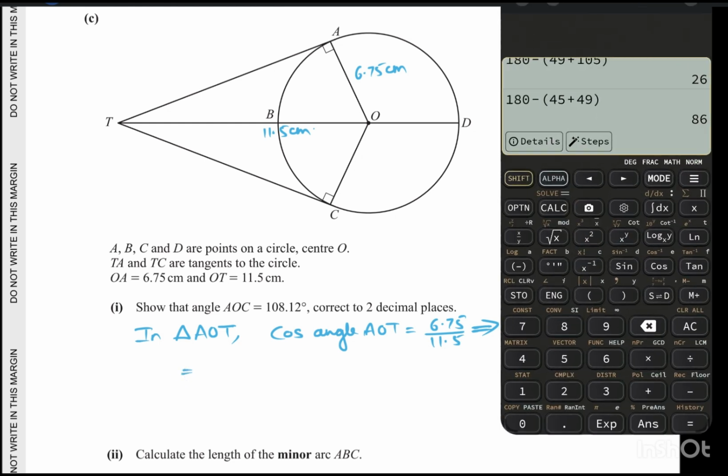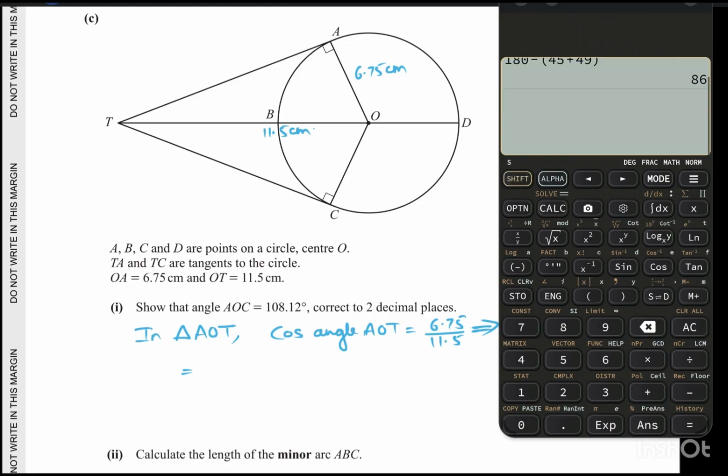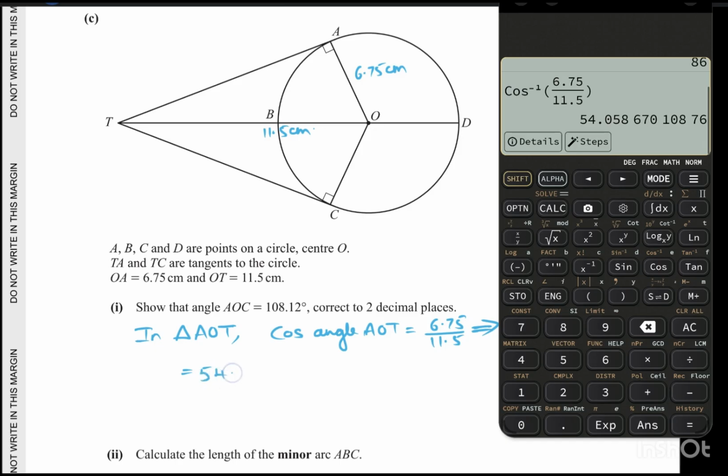Use your calculators. Shift button, cos inverse, fraction, 6.75 by 11.5, close the bracket. So you get here 54.058. That can be rounded, or else you can take this same value and multiply by 2, because now if you know this angle, the other angle will also be equal, and we need this complete angle.